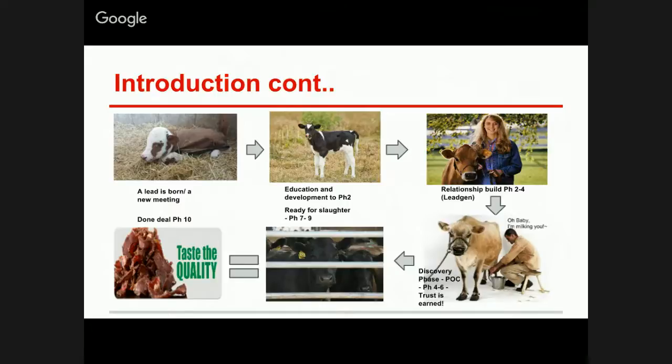Then you want discovery, the POC stage, the trust zone. You want to get trust there. Ready for slaughter, phase 7 to 9. And then obviously the end product, done deal, phase 10, taste the quality. That's what you want to do.